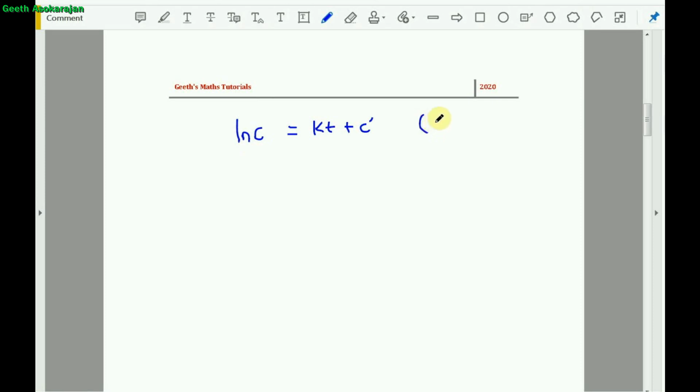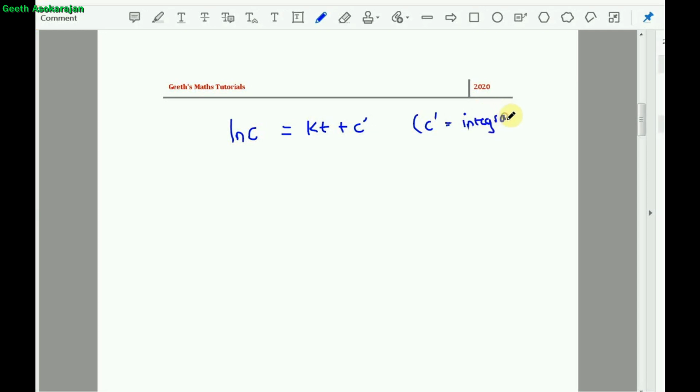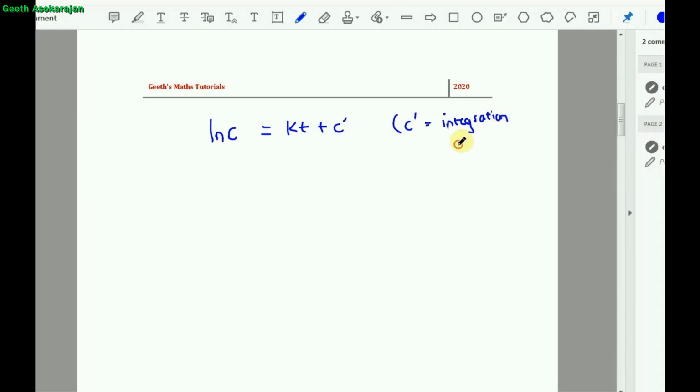Let me make a note in the corner: c dash here is our integration constant. Right, let's go one stage further and rearrange for capital C, the concentration of N2O5. Capital C is e to the kt plus c dash.